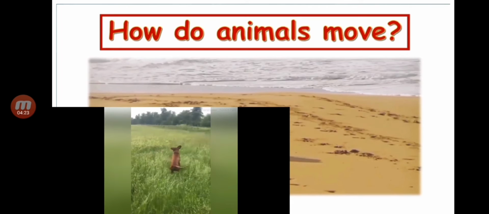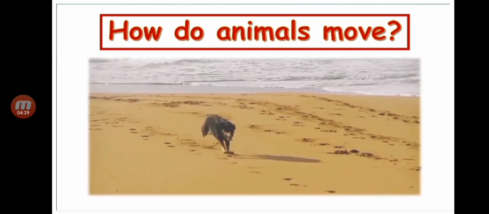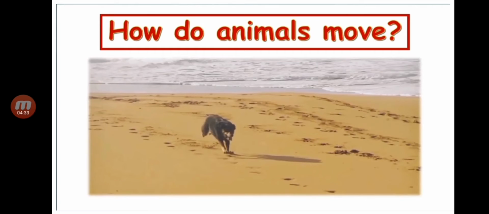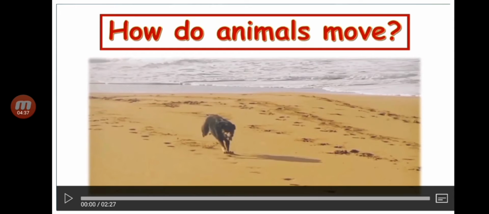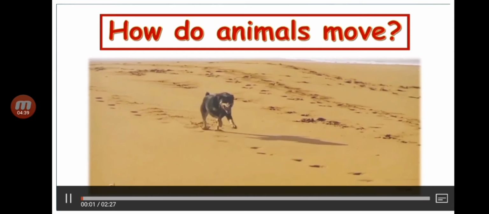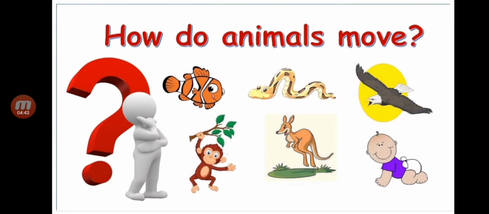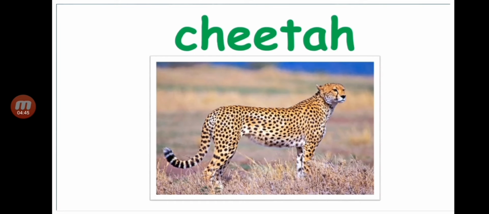How do animals move? Again, one more time. How do animals move? I have here a video clip about how animals move. Okay, let's watch and enjoy. First one is the cheetah.